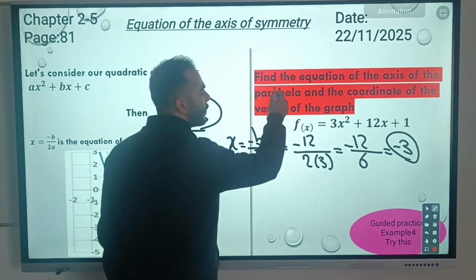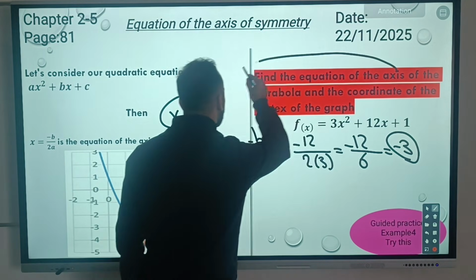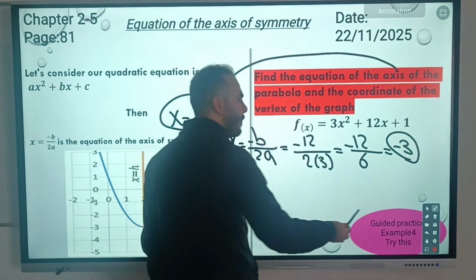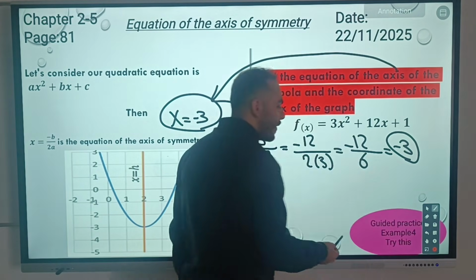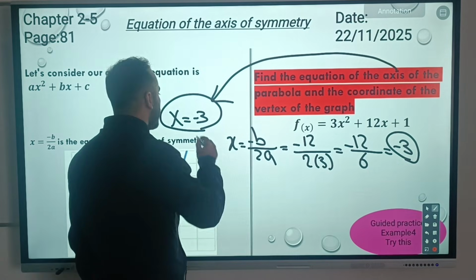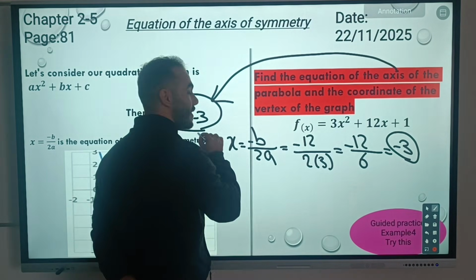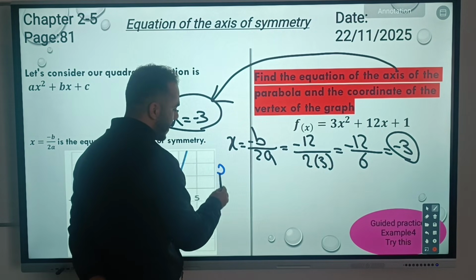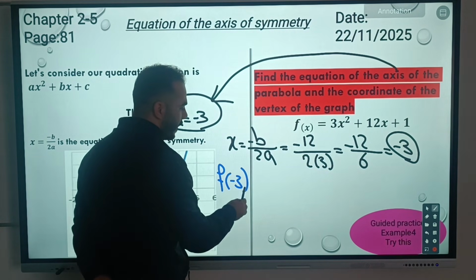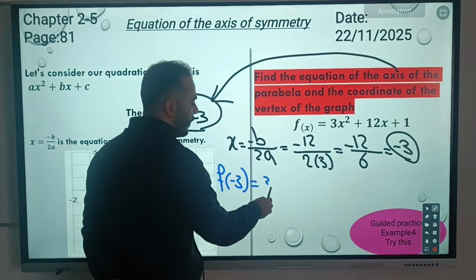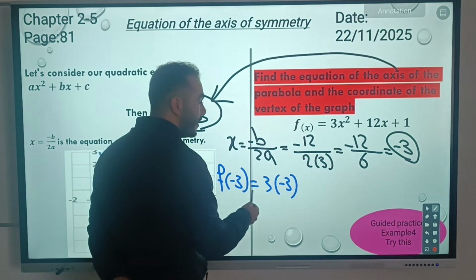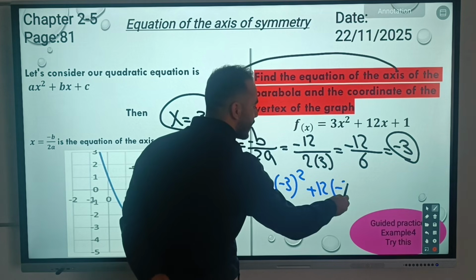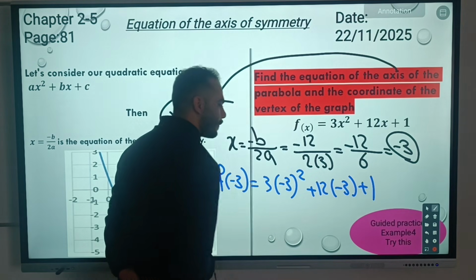So x equals negative 3 is the axis of symmetry. It says find the axis of the parabola, so the axis of the parabola is x equals negative 3. But if you ask me, teacher, how about the vertex? Well, the vertex is easy to get. You substitute the value of this x that you found into the equation. So f of negative 3 equals 3 times negative 3 squared plus 12 times negative 3 plus 1.